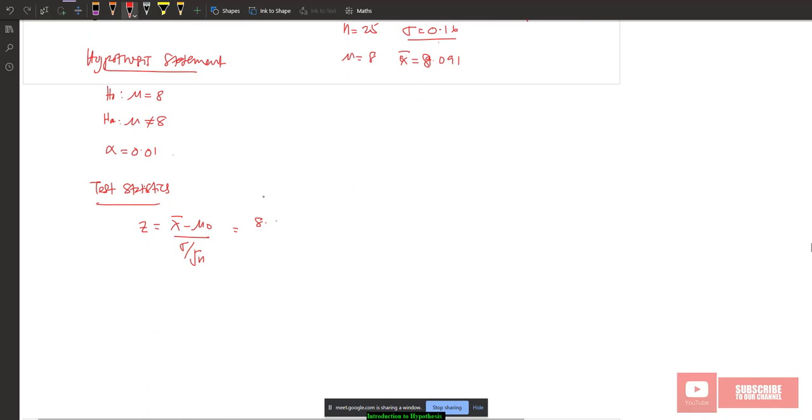So this is 8.091 minus the null hypothesis, mu naught, which is 8, divided by sigma, which is 0.16, over square root of 25. So this should be equal to 2.84. Can you calculate for me? Is it equal to 2.84? 8.091 minus 8.